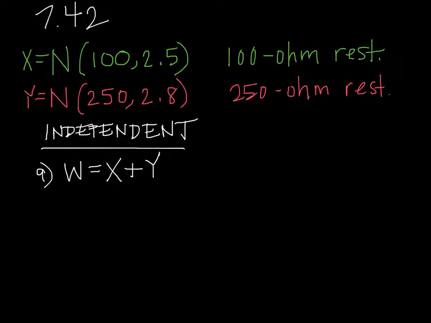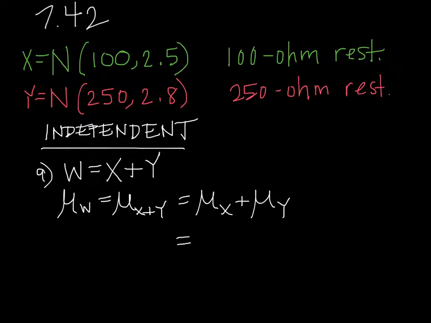So if I want to find their distribution, that means I need to find the mean and standard deviation. So the mean of W would be the mean of X plus Y, and as we've talked about in class, we can just add the means directly. So we'll take 100 plus 250, and we get a combined mean of 350.